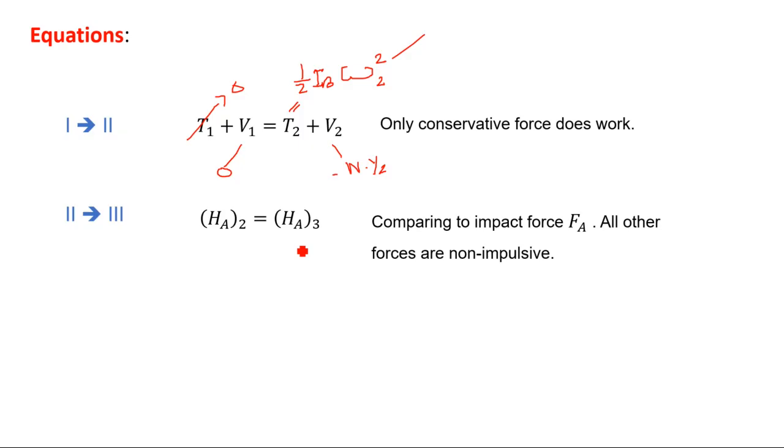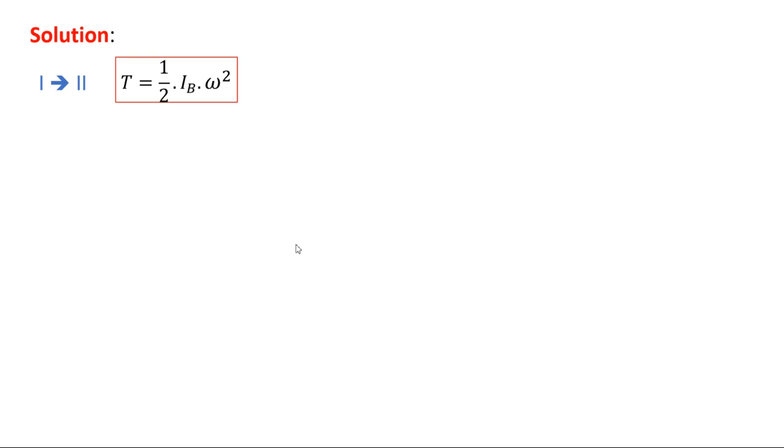Let's start with state 1 to 2. So this is the equation for the T, and we solve for the T1. It definitely is going to be equal to 0 because the omega 1 is equal to 0. The state 2 is going to be omega 2, which is unknown. So from here, the IB, of course, is going to be equal to 1 over 12 multiplied by the mass multiplied by the length square.